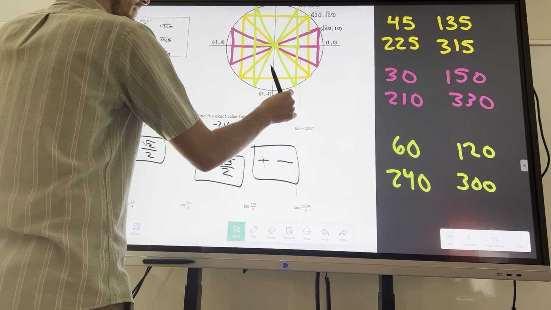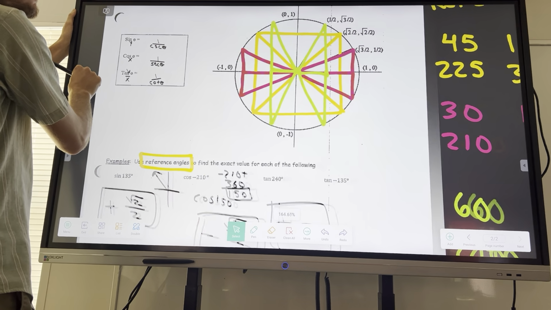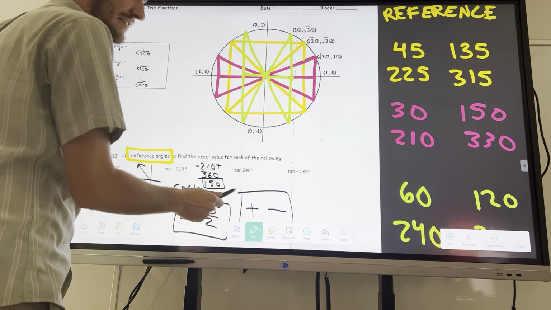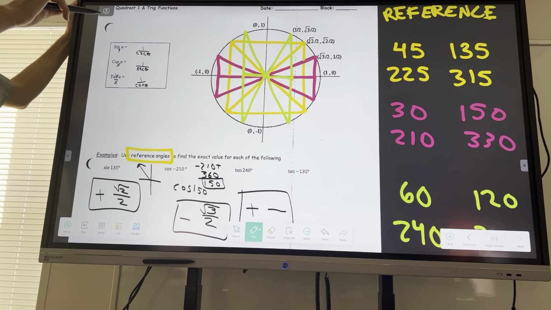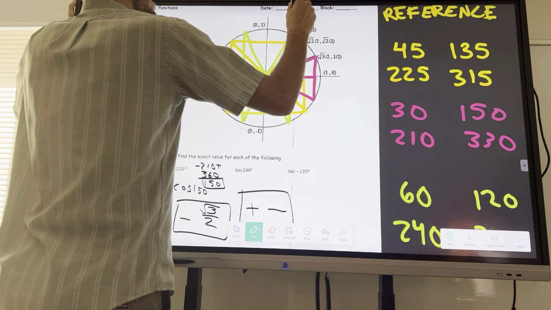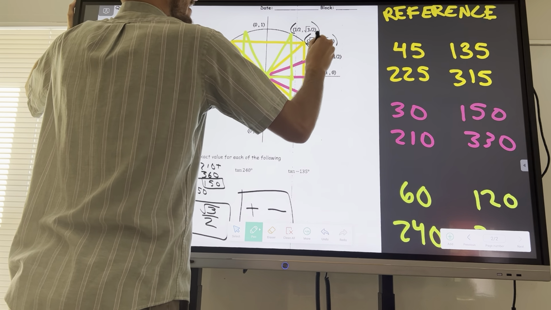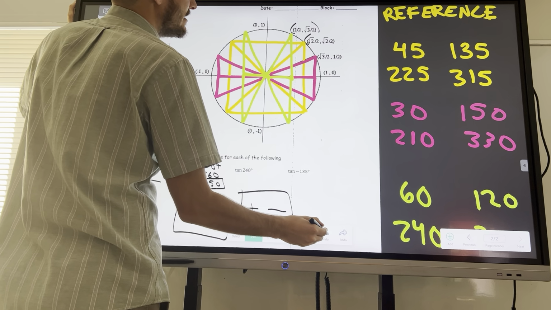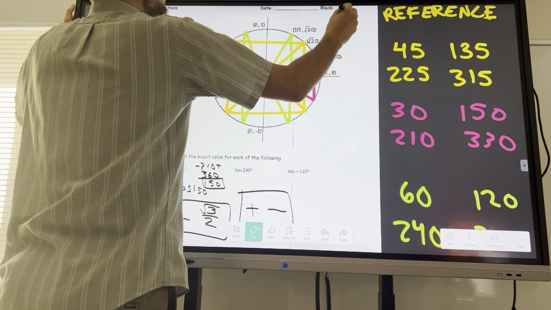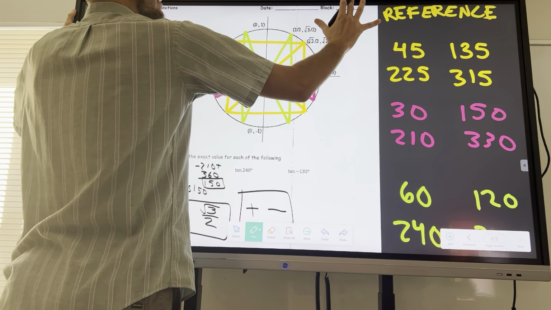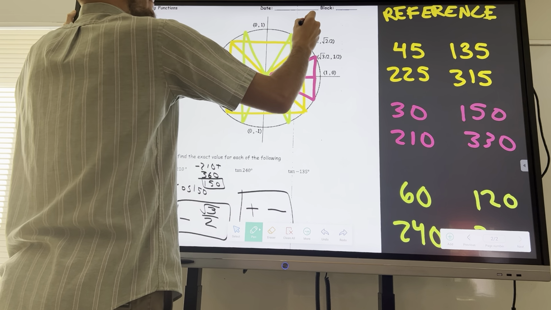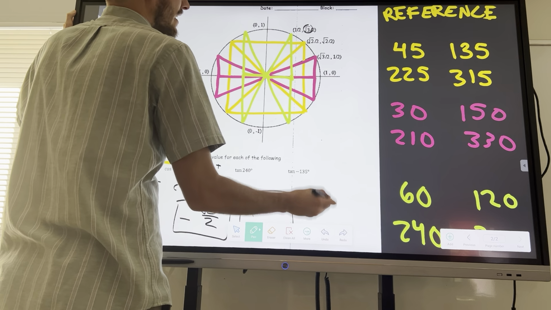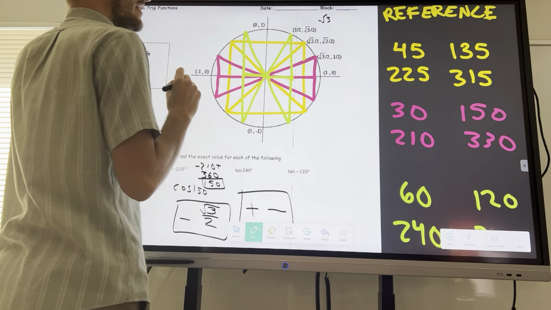And so when I look at my 60, now here's a little bit of a life hack, right? Here's a Mr. Collier special. What I like to do is when I'm working with this, and obviously I have my parentheses, I like to write one extra number that floats even past these parentheses, that is the tangent. So I'll grab the y divided by x, and I'll write square root 3 like that.